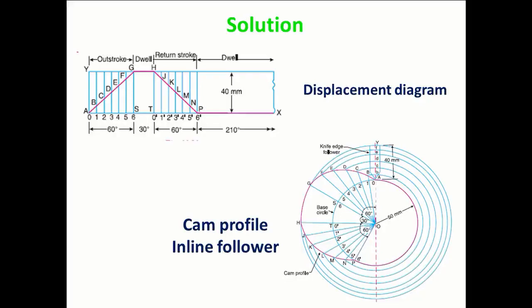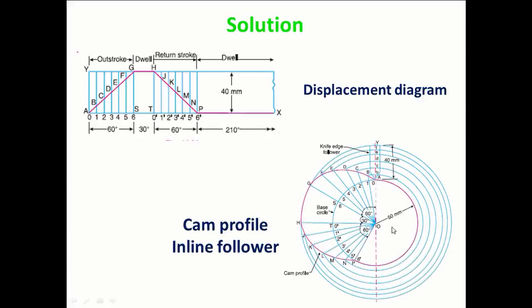After solving the given question, the solution looks like this. This is the displacement diagram and this is the cam profile. In this displacement diagram, the pink colored lines represent the displacement curve, which must be represented by a thick line, and all other lines are construction lines which have to be maintained very thin.